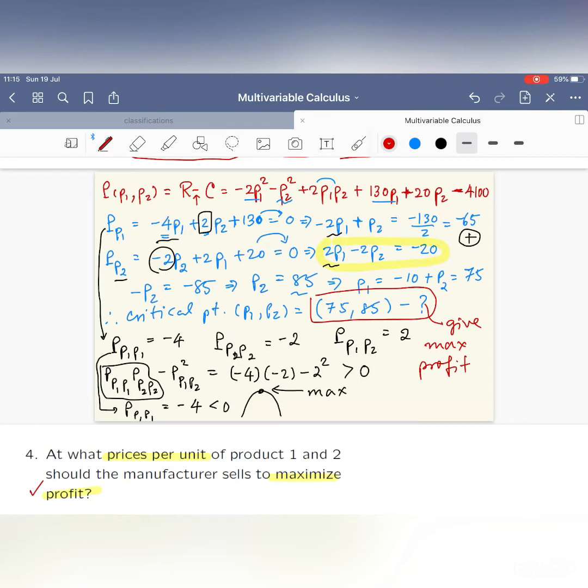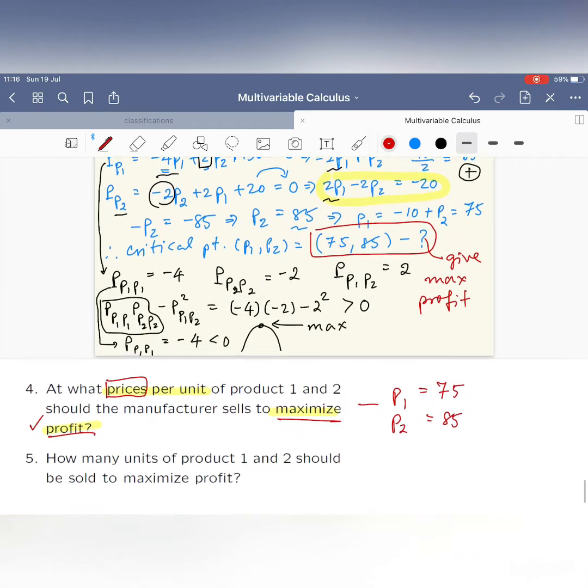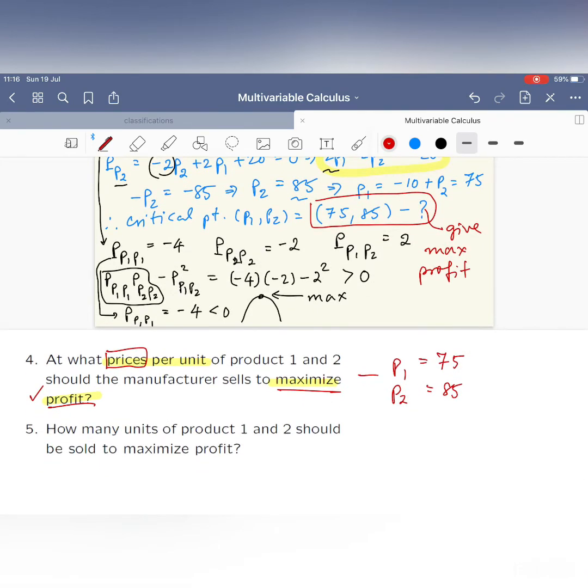Okay, so here the price that will give you a maximum profit is P1 75 baht per unit, P2 85 baht per unit. How many units of first product and the second product should be sold? So it is a Q1 and a Q2, right?